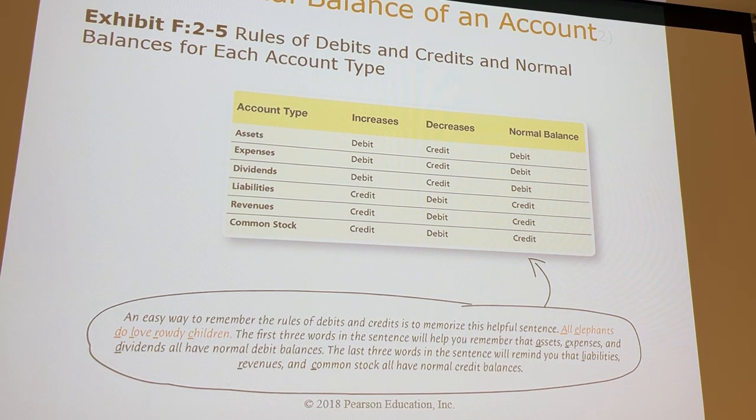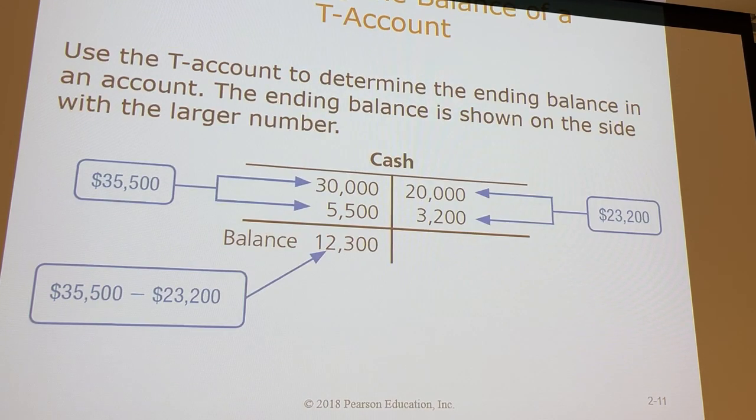So if it's a cash account, which is an asset account, then the balance in the cash account we know would normally be a debit balance. It would be hard for it to be a credit balance because a credit balance would mean that you have negative cash, and that usually does not happen.